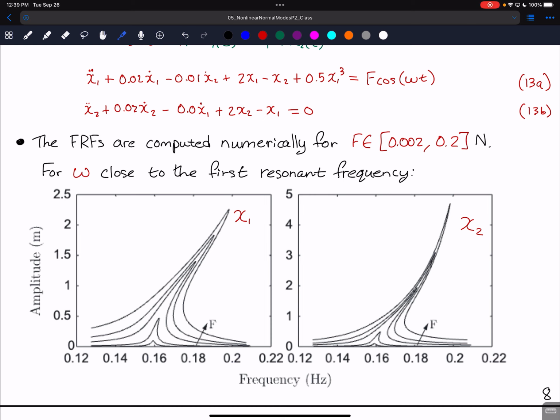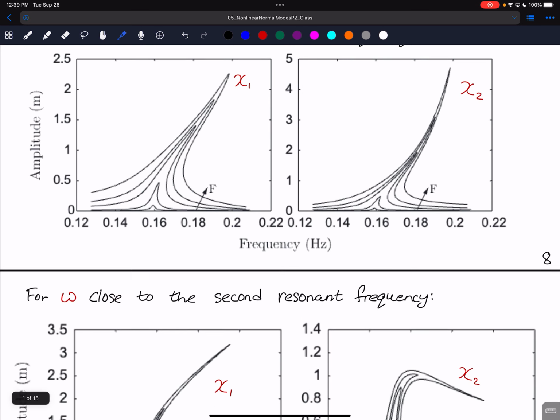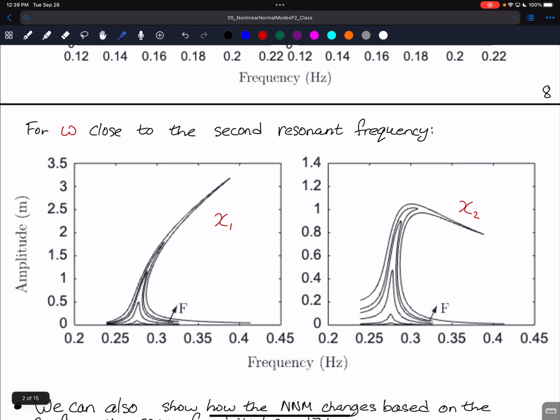And as you can see here, this frequency response curve changes depending on that forcing level. If we do the same thing, but now for omega close to the second resonant frequency, we again get these deforming or changing FRFs.